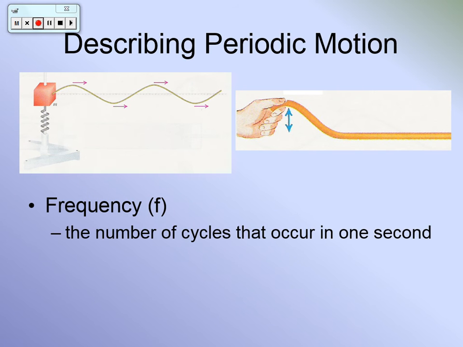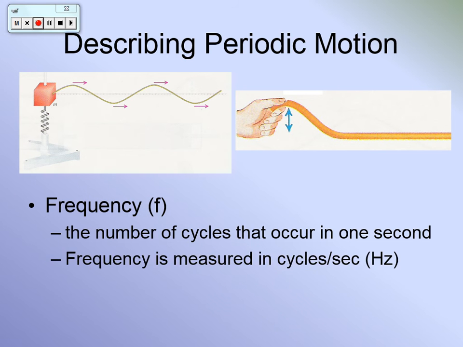But a frequency is the number of cycles that occur in 1 second. Technically, you can measure that frequency over any period of time. We just sort of standardize it to 1 second. We use a unit called the hertz to represent frequency. And hertz is a derived unit that tells us the number of cycles that occur every second.